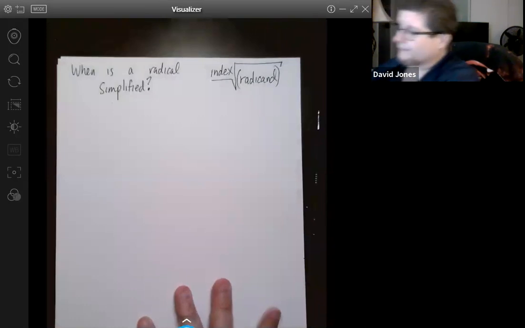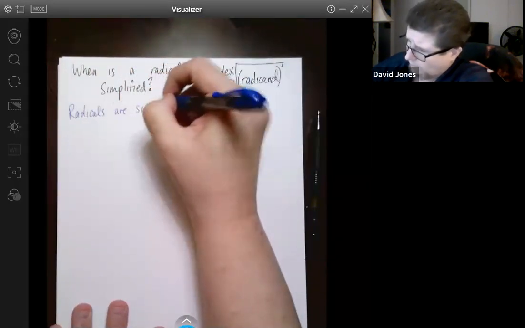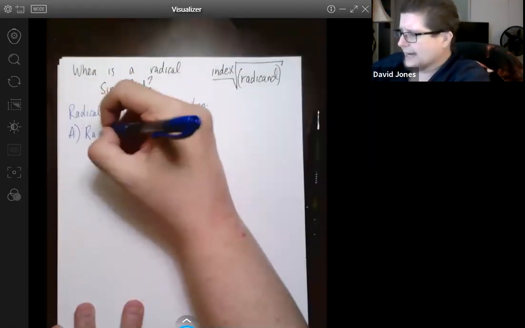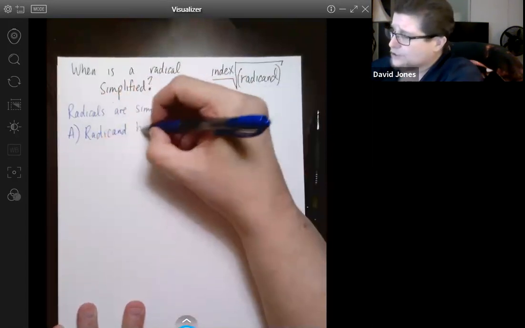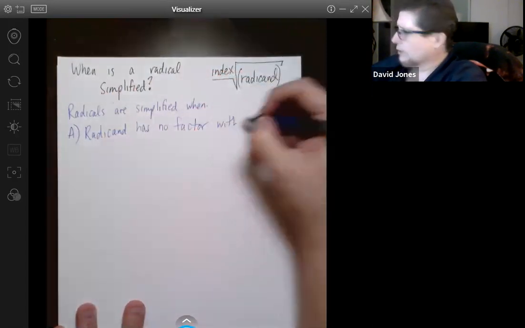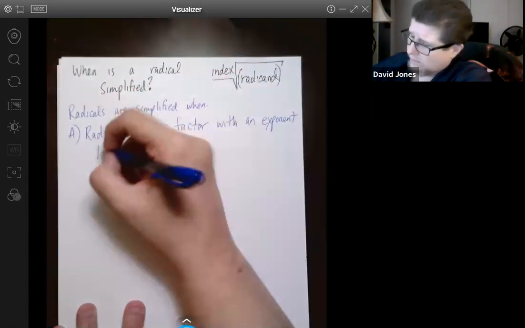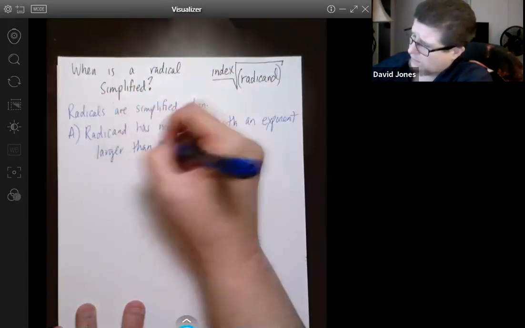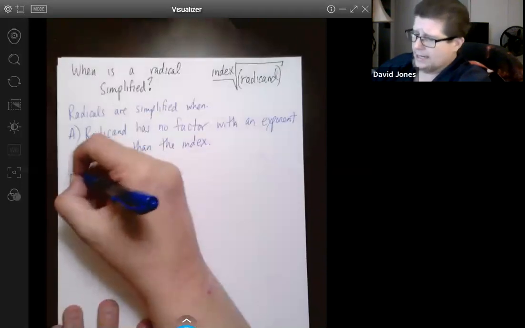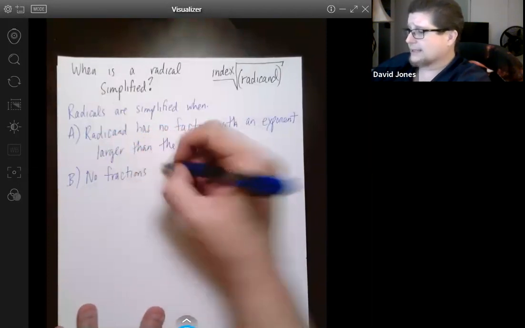So radicals are simplified when A, the radicand has no factor with an exponent larger than the index. B, no fractions inside a radical.